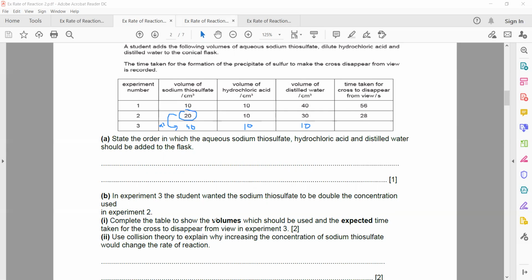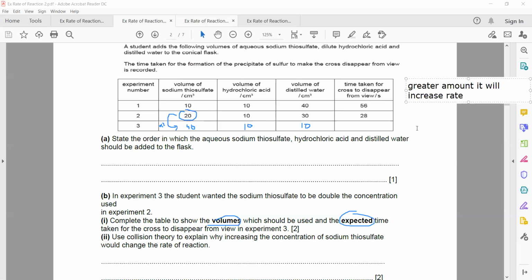Now complete the table to show the volume and expected time. So how can you find the expected time? If I use more thiosulfate, as we know, if we use more reactant, if we use a greater amount, then it will increase the rate.